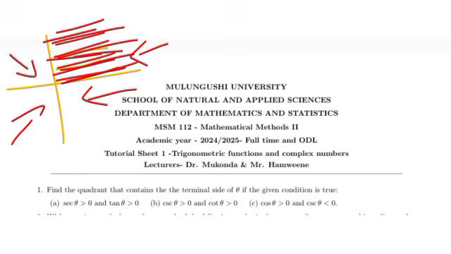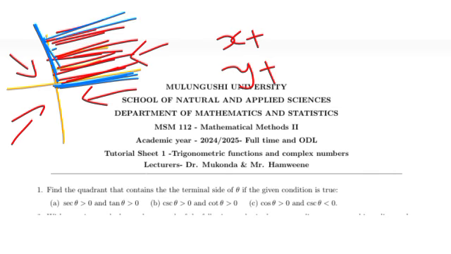Because sec theta is positive and tan theta is positive, meaning x is positive and y is positive. Where do we find x positive? The positive x axis is this side, meaning it's this quadrant. Okay, very simple and very easy, almost no thinking. So just go to the next question.